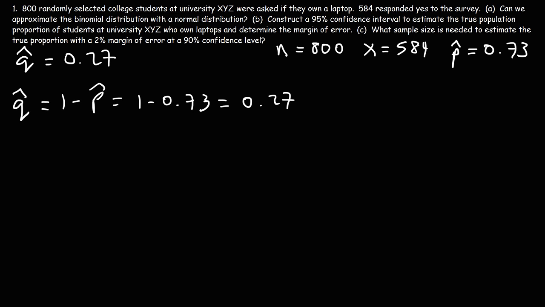Now once we have q hat, our next step is to determine the margin of error, or the error bound for the population. Once we have that, we can construct the confidence interval.